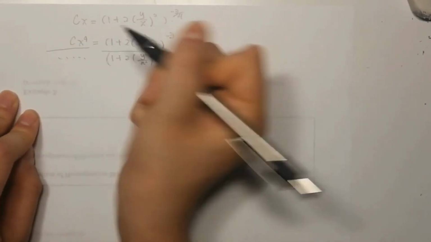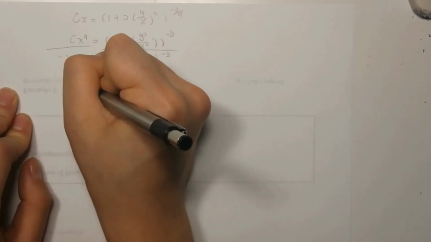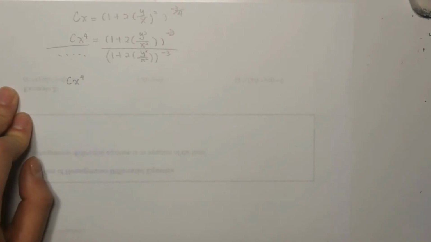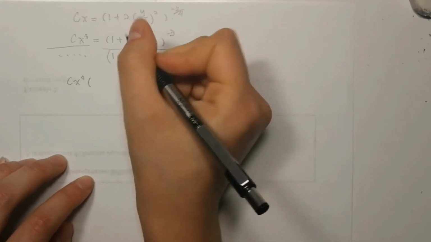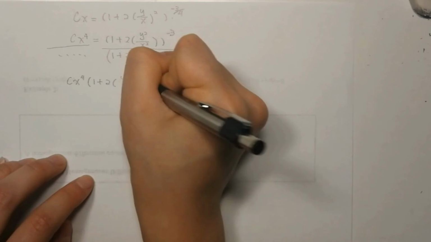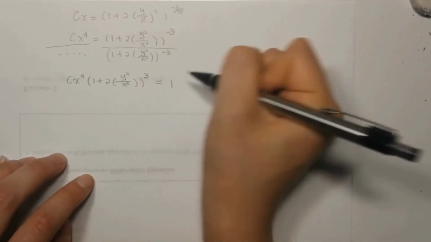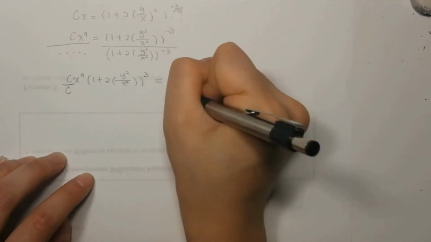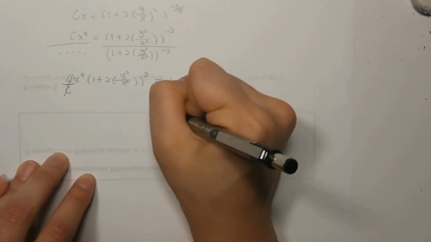I'm not going to write out the same thing, but you get the idea. So we'll have c to the power of 4. If we divide by a negative power, that basically means times the positive power. So that will be positive, equal to 1. And we can divide both sides by c if we'd like to. You don't really have to. That is still going to be c.